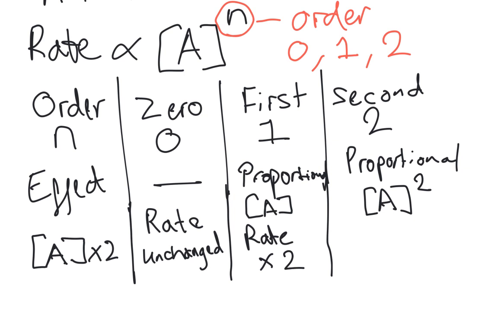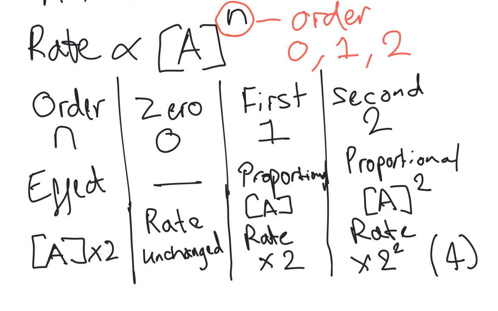And finally, if I've got a rate equation where the concentration is second order, so it's squared, then 2 times A is essentially 2 times A all squared. So you're squaring that 2, so the rate will be times 2 squared larger, which we could also say is times 4, because 2 squared is 4 times larger. Okay.